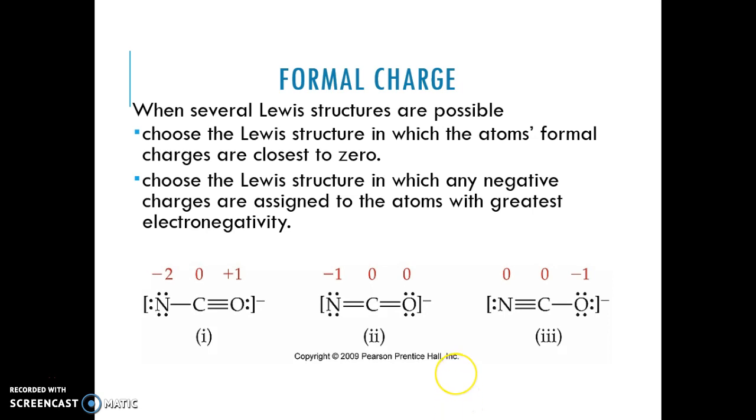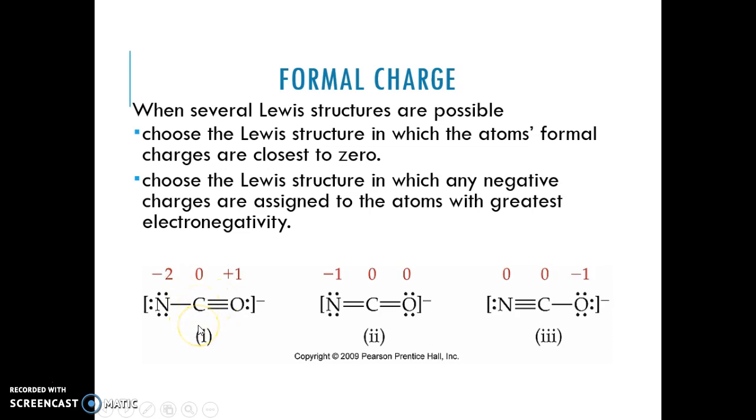So here is an example. On the left structure, you've got 1, 2, 3, 4, 5, 6, 7 electrons assigned to nitrogen when it's only supposed to have 5. So the formal charge is 2 higher than it should be, so it's -2. Carbon has 4 electrons. We assign 4 electrons to it because it has 4 bonds and no free electrons.